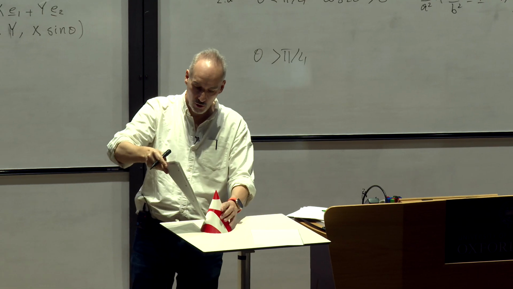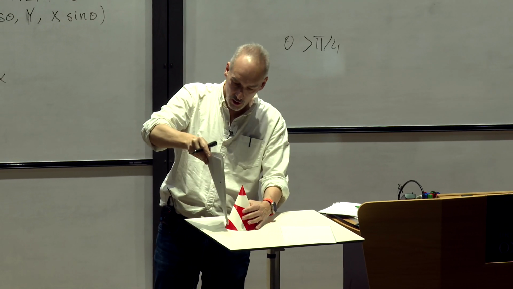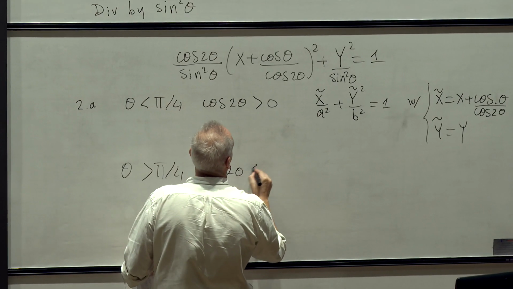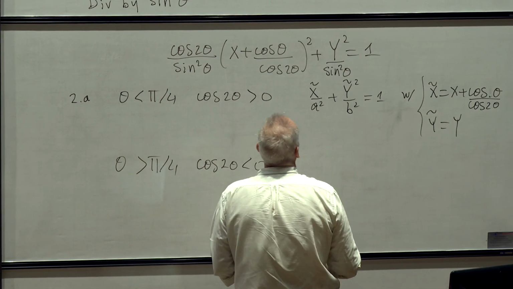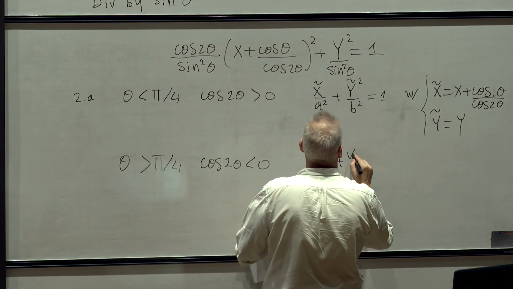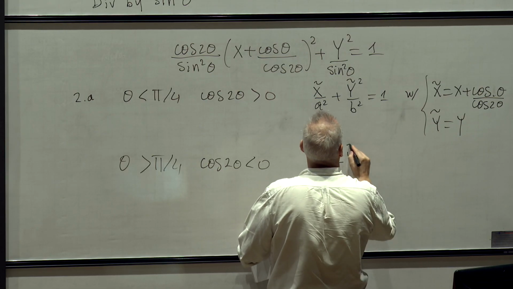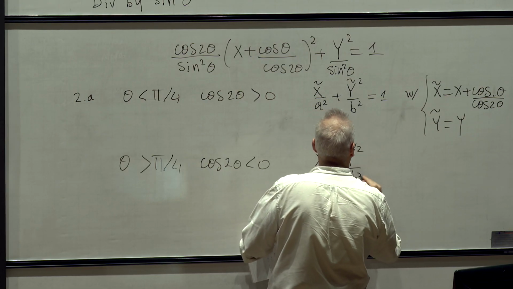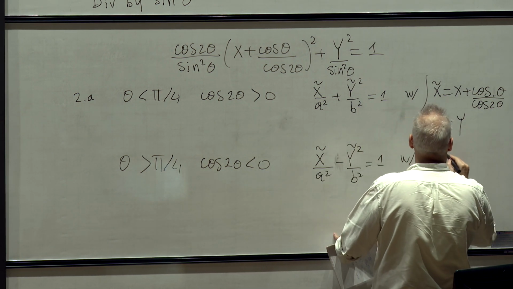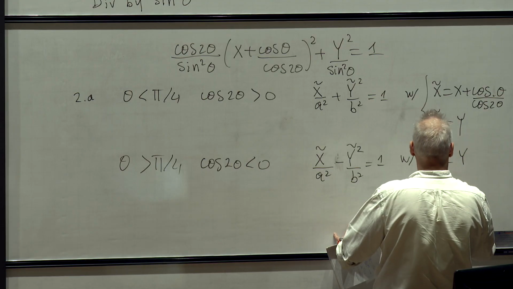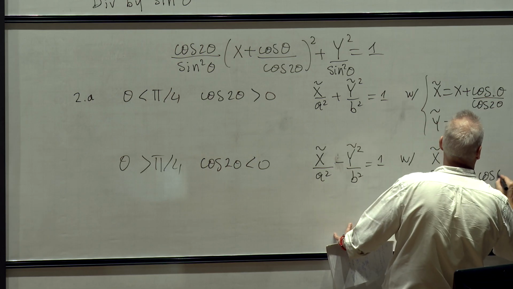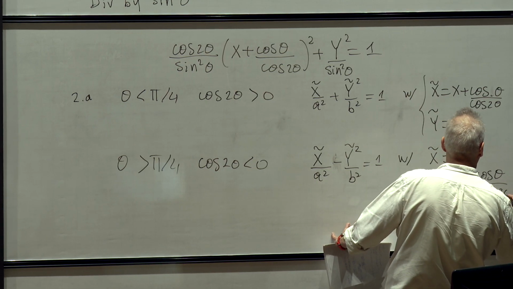If I increase the angle to pi over 4, I get the parabola, and then even more, I get cos 2 theta negative, and then I have x tilde over a square minus y tilde square over b square equals 1, with x tilde equals y, and y tilde equals x plus cos theta over cos 2 theta.